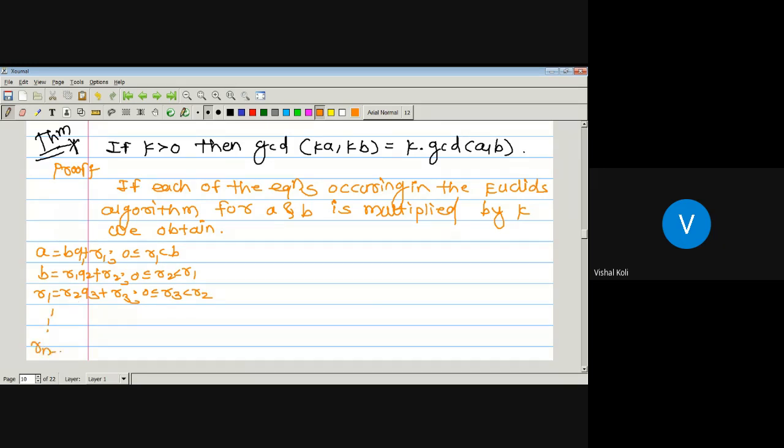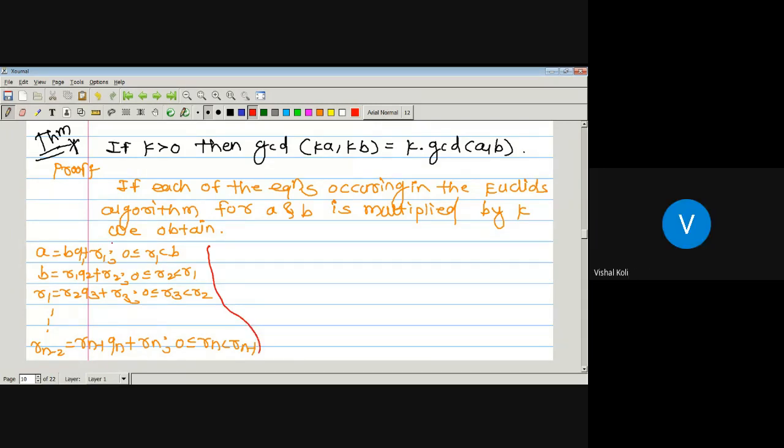What is rn minus 2? rn minus 2 is equal to rn minus 1 into qn plus rn, where 0 is less than or equal to rn, which is strictly less than rn minus 1.